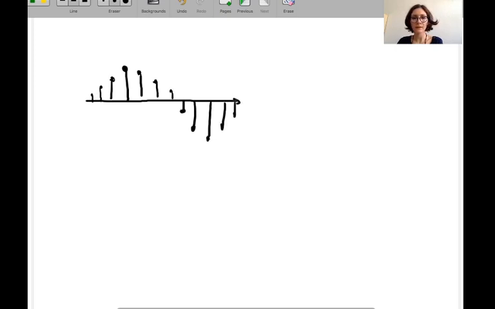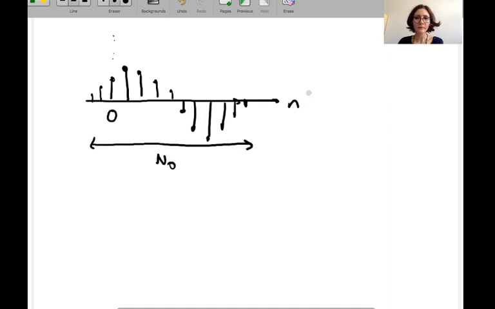So something like this, let's say. The phase is random, so it might start at some arbitrary time instant, so let's just put some 0 arbitrarily in here. And then the period of the random process is n0. This is just a typical realization of our random process.